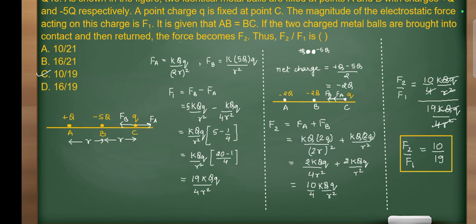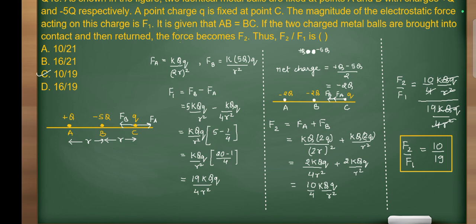Fa is the force acting on charge Q at point C, which will be equal to K into Q divided by distance square, that is 2r square, and Fb is the force acting on charge Q at C due to the charge at point B, that is K into 5Q into Q divided by r square. So the net force acting on the charge at point C will be equal to Fb minus Fa. When we solve this, it will become 19 by 4 kq divided by r square.